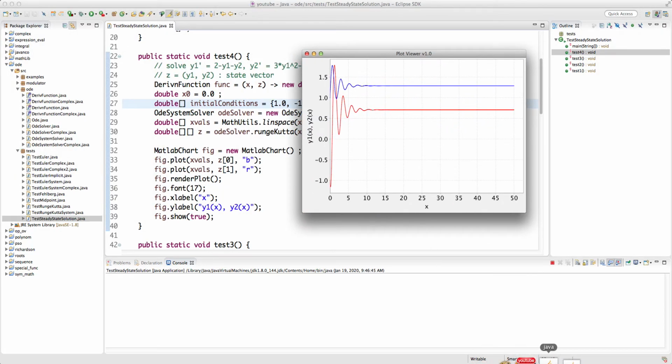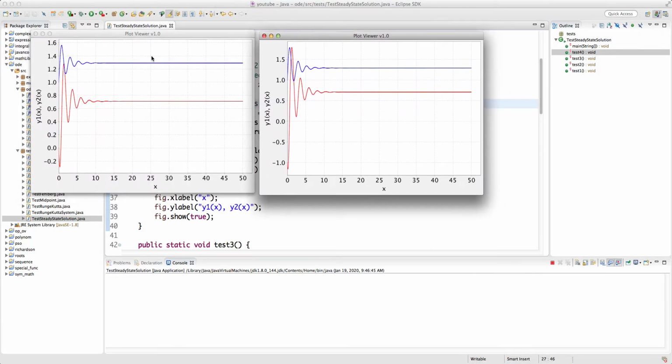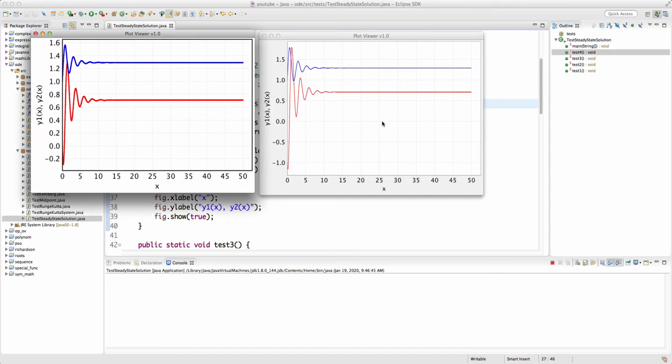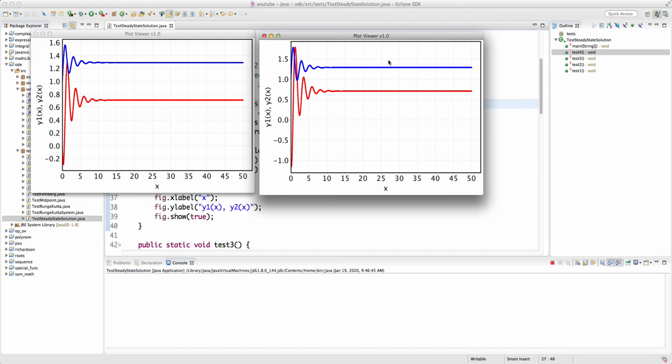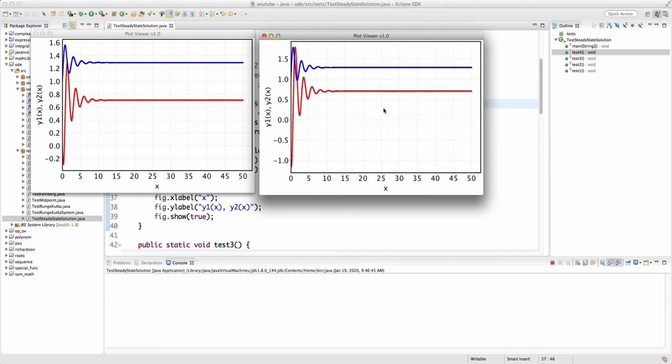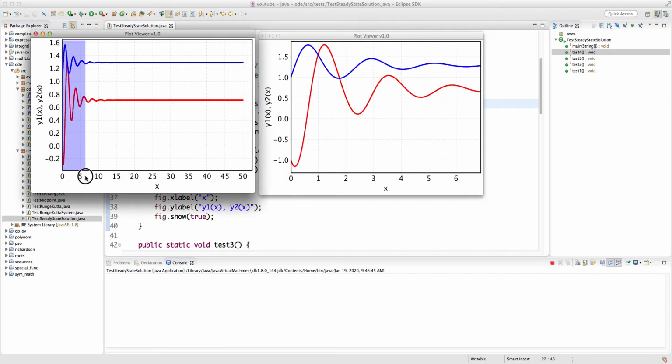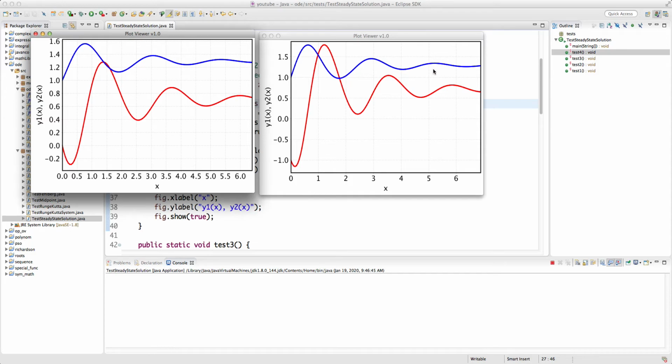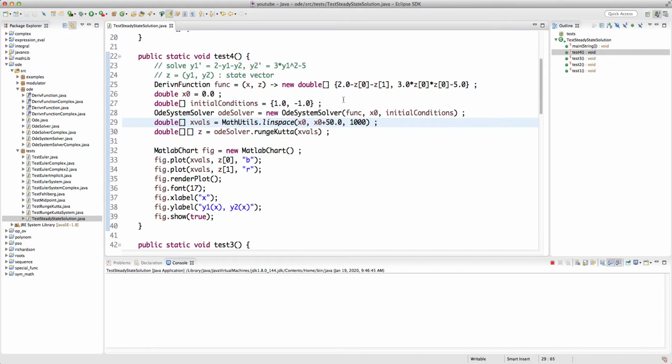You see we still get the same steady state, right? 1.291, but the initial conditions are different. We see the oscillatory behavior. We start from -1, we start from 0, okay? Everything is good. But the question is, can we reach the other steady state?